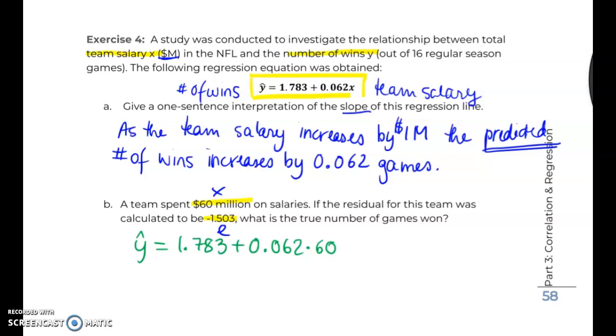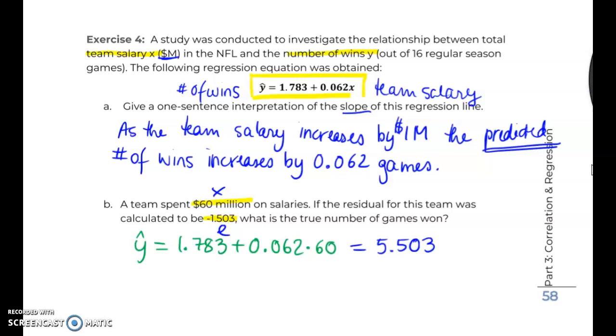And remember, X is in millions, so you do not want to enter in 60 million over here, but you actually want to enter in 60. That's equal to 5.503. And remember what that means. That means when a team salary is $60 million, our expected wins are 5.503 games.